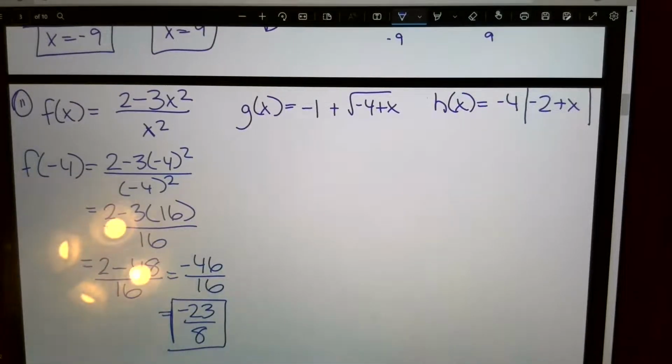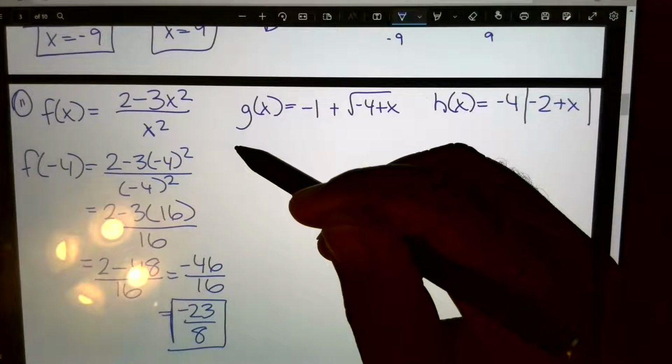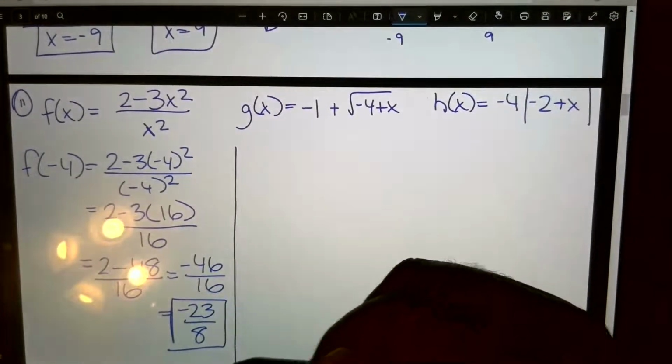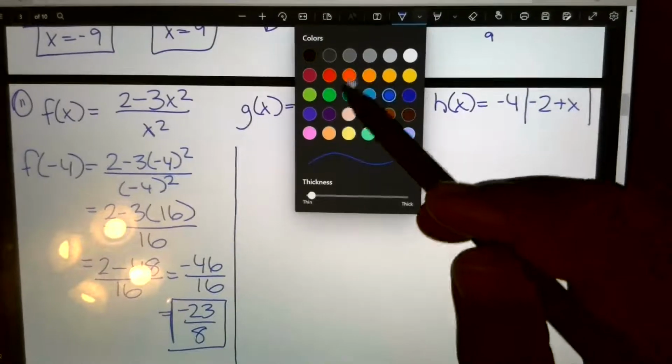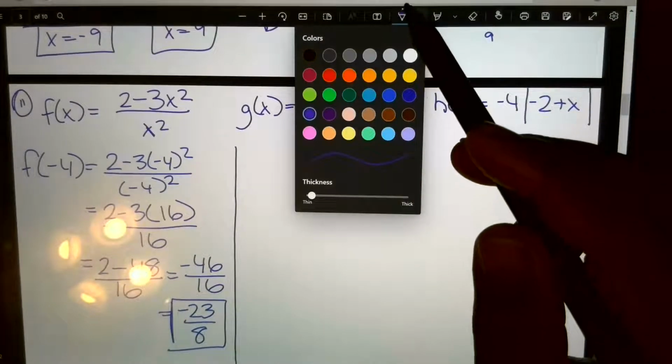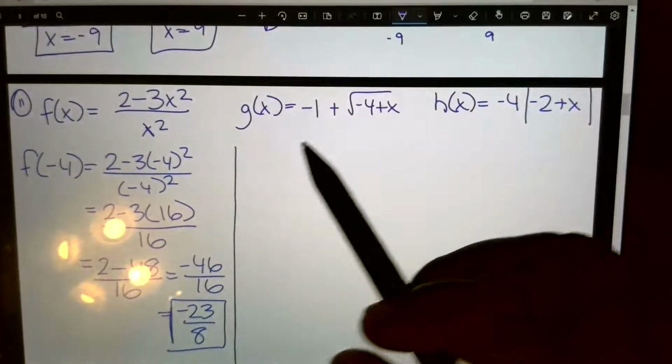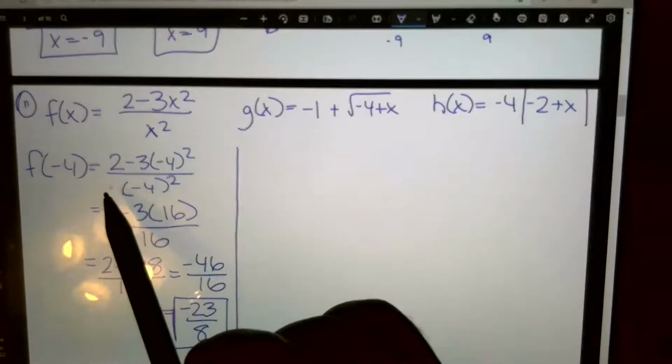Now, if y'all are anything like my high school students, then fractions probably cause all types of fear and frustration. Have no apprehension about that. I want you to notice what I did, which is basically I did the top, then I did the bottom.